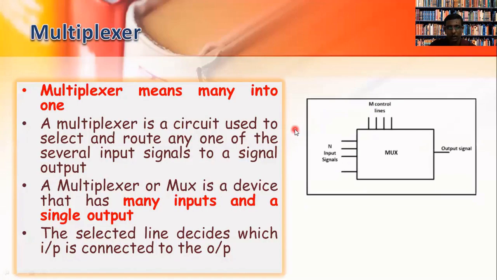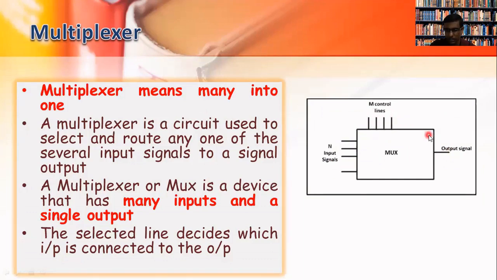Multiplexer. Multiplexer means many to one. That means a circuit with many inputs and only one output. Multiplexer is used to select or route any one of several inputs to the output, depending upon the status of these control lines.